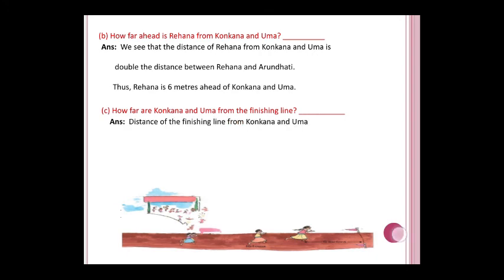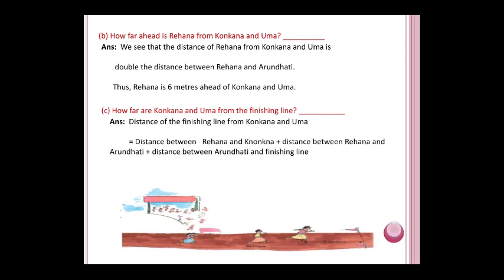You can answer: distance of the finishing line from Konkana and Uma equals distance between Rehana and Konkana plus distance between Rehana and Arundhati plus distance between Arundhati and finishing line. Here see, finishing line to Arundhati is 6 meters, and Arundhati to Rehana is 3 meters, and Rehana to Konkana is 6 meters.